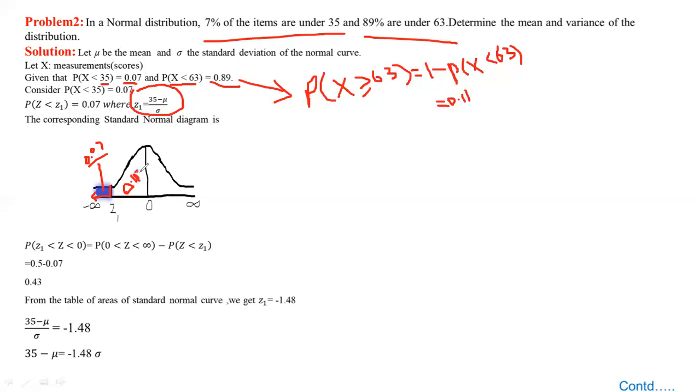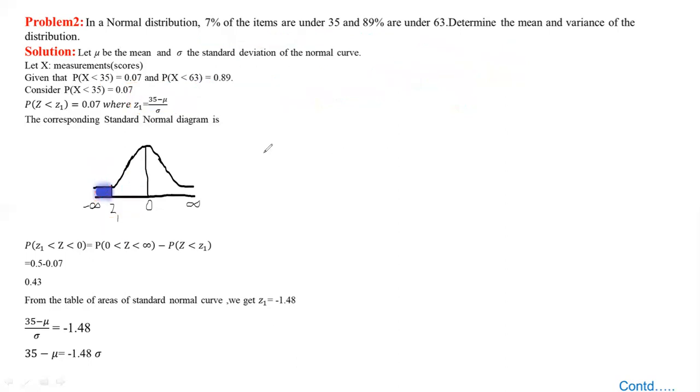This total area from here to the mean line is 0.5. Out of 0.5, 7% of items are under 35, the remaining is 0.43. So for the 0.43 we have to take the value from the table.